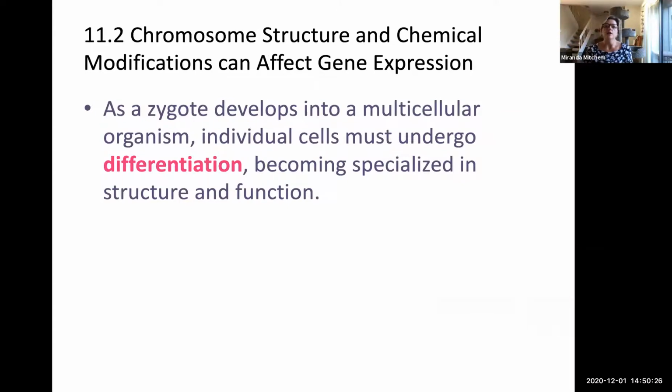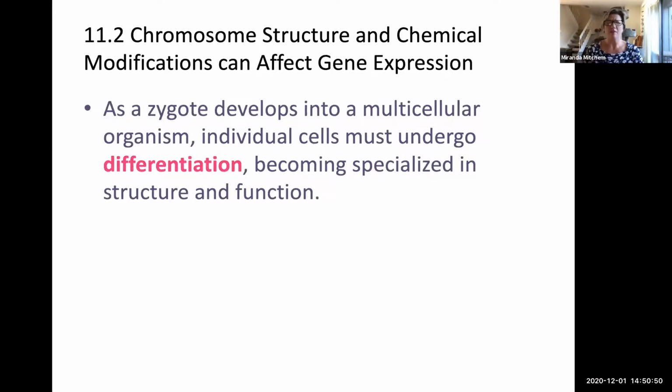All right, now let's talk a little bit about what differentiation is, what that word means. It means that cells change and become specialized at what they do. So for example, a bone cell is different from a nerve cell.